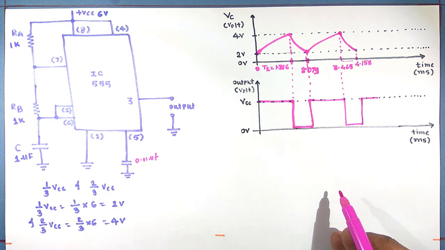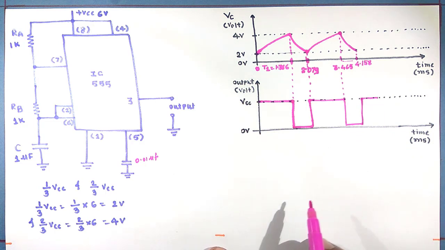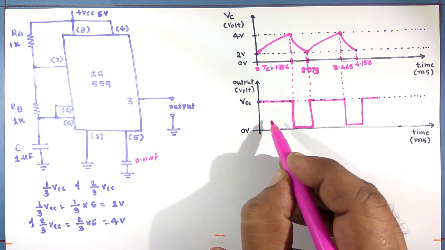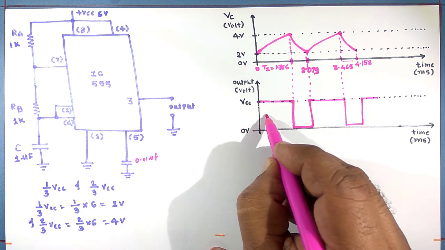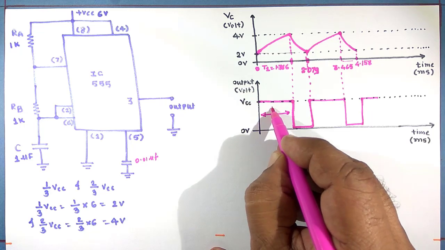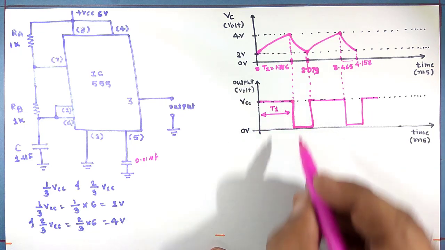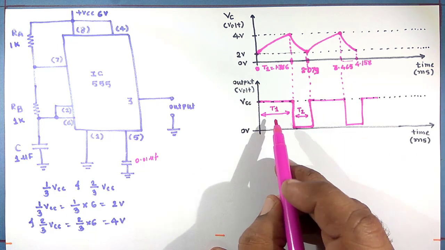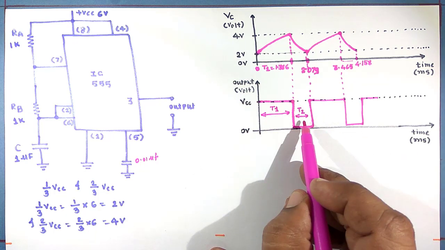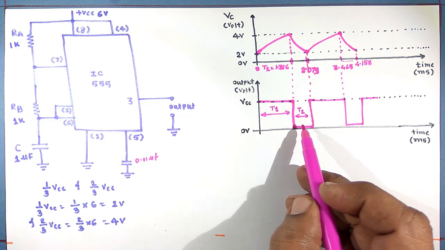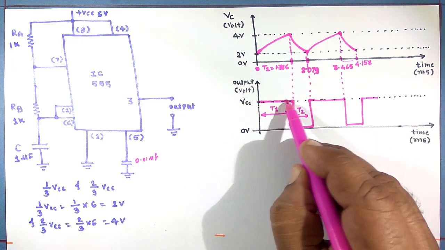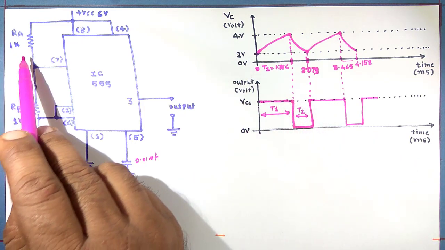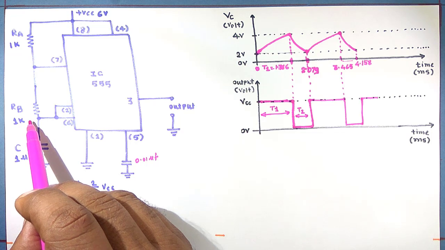In this way, charging and discharging of the capacitor will take place. This time is time t1 and this time is time t2, where t1 is equal to 1.386 millisecond and t2 is equal to 0.693 millisecond. Remember one thing, here time t1 and t2 are not the same, though Ra and Rb are the same.